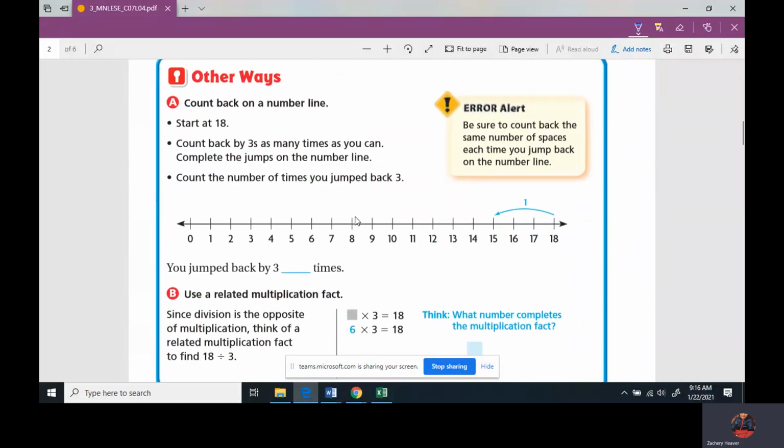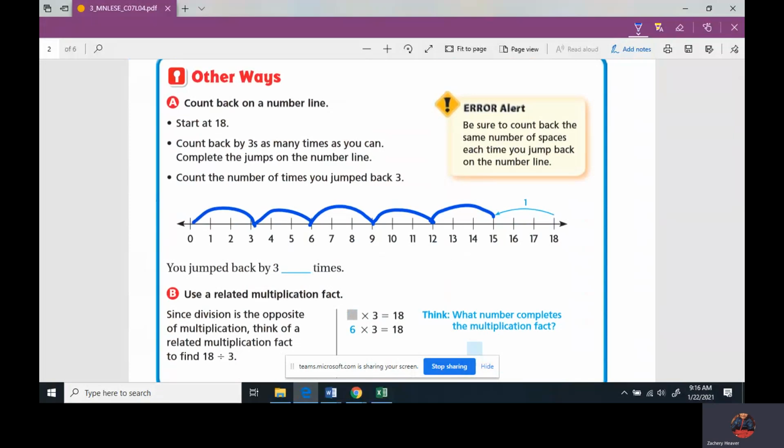We know the count back way. We're working on 3s today, so how much are we going to count back? Probably 3. So we got to get 18 to 0 by counting back. Brett, 18 is going to get to 15. 15 is going to go to 12, is going to go to 9, 6, 3.